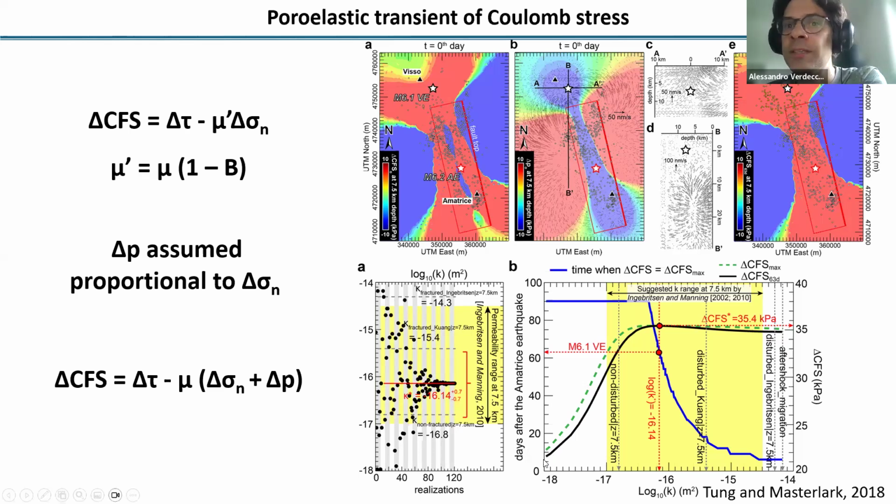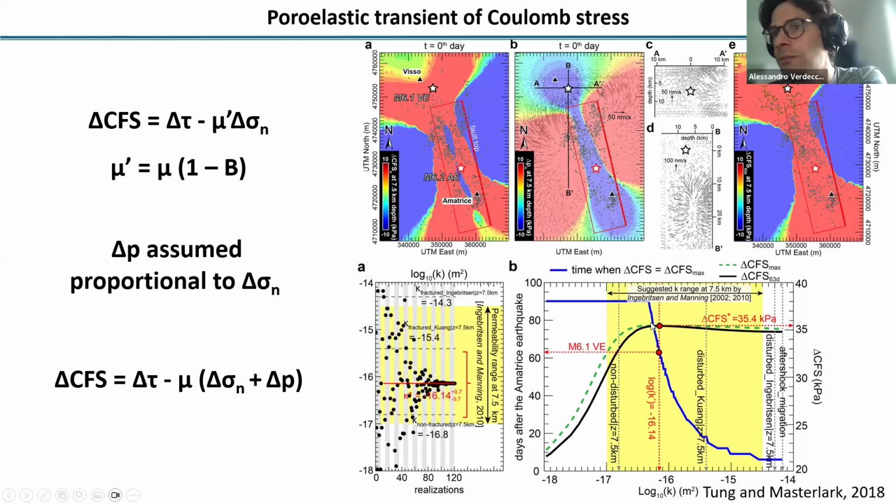You can see this time-dependent evolution in this black curve here. So this is the days after the Amatrice earthquake, and you can see the evolution of the Coulomb failure stress going from values here of, more or less, 20 kilopascal. So this value is basically the coseismic Coulomb stress change, and then it increases with time up to 8 days after the earthquake.